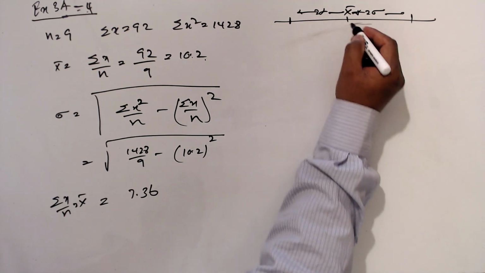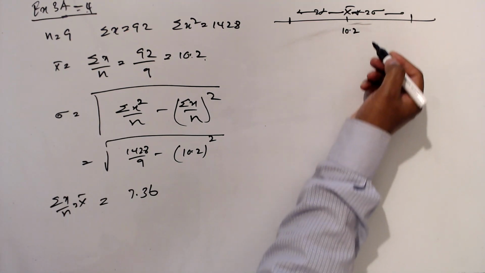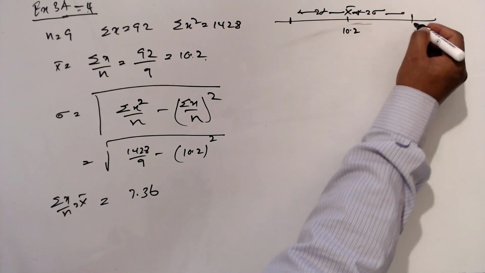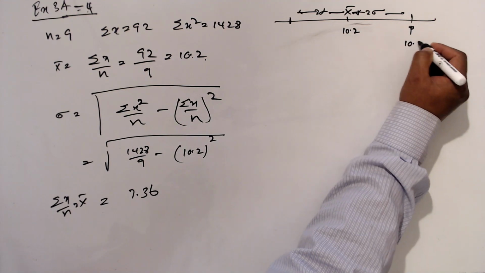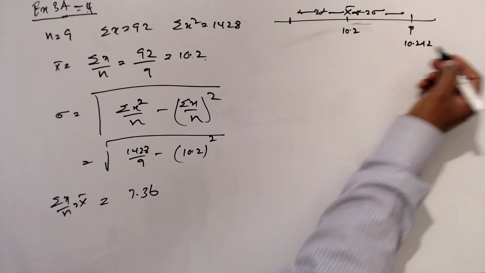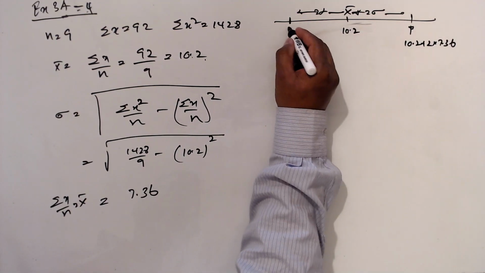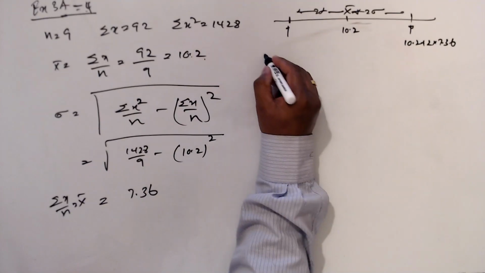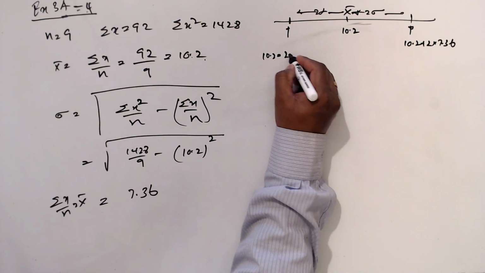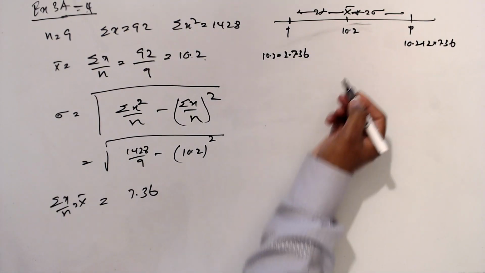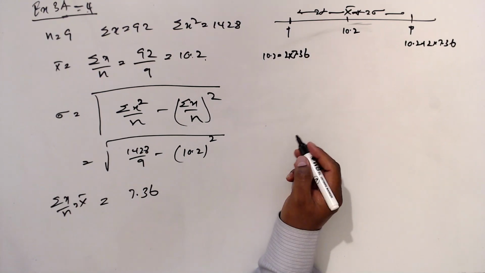So x bar is 10.2. Then this value is going to be 10.2 plus 2 times 7.36, and this value is going to be 10.2 minus 2 times 7.36.